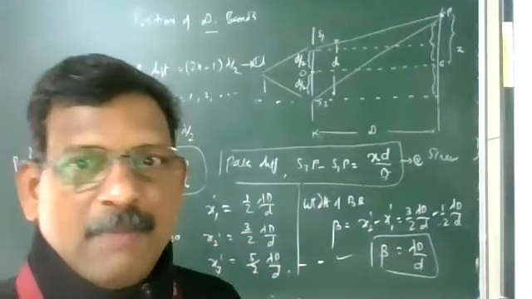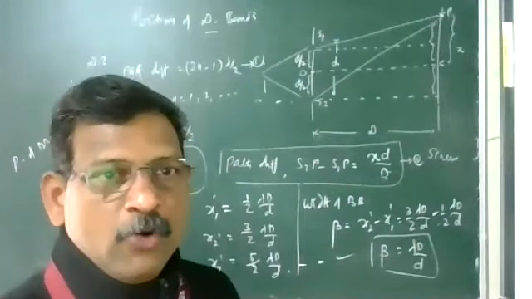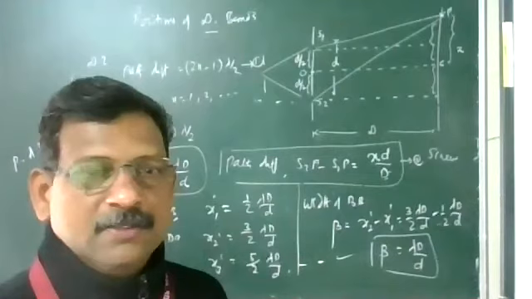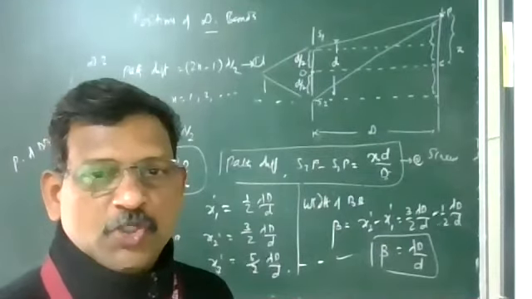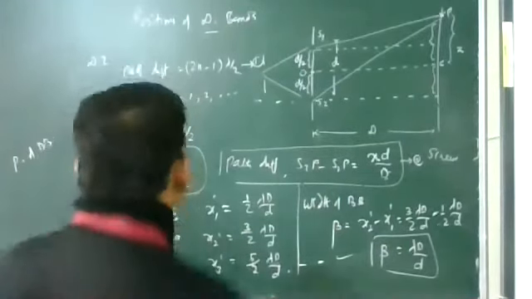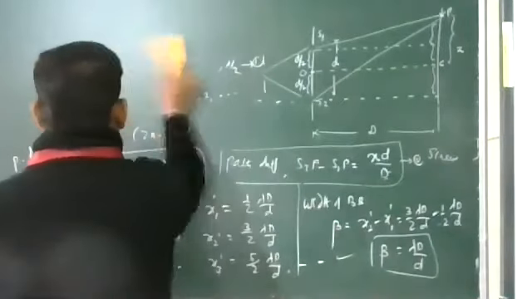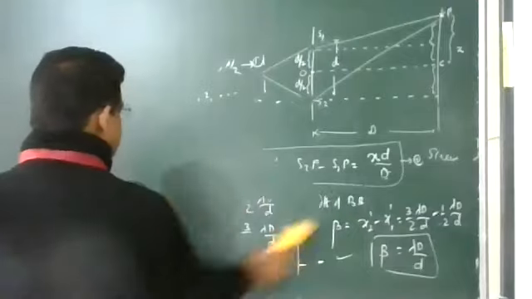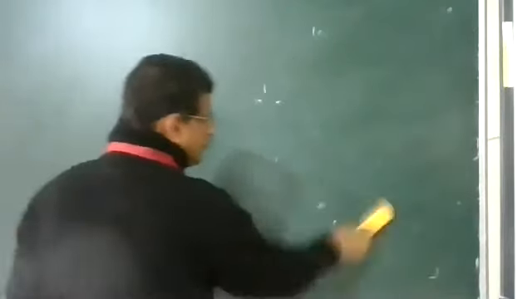This is called bandwidth. Now I am going to plot the intensity pattern of interference with path difference. On the screen, what do you have? N lambda is the maximum path difference, and (2n minus 1) lambda by 2 for minimum.